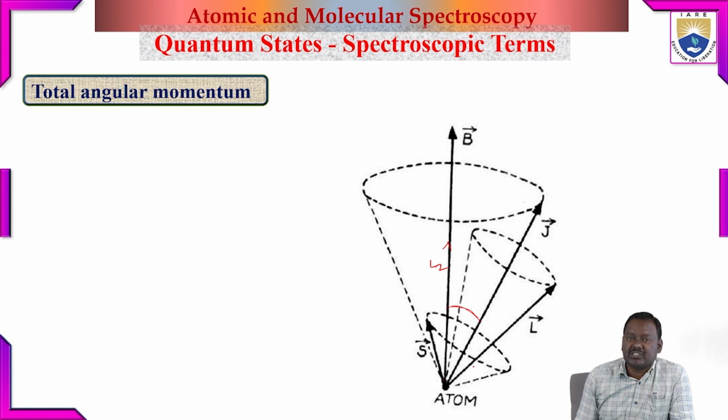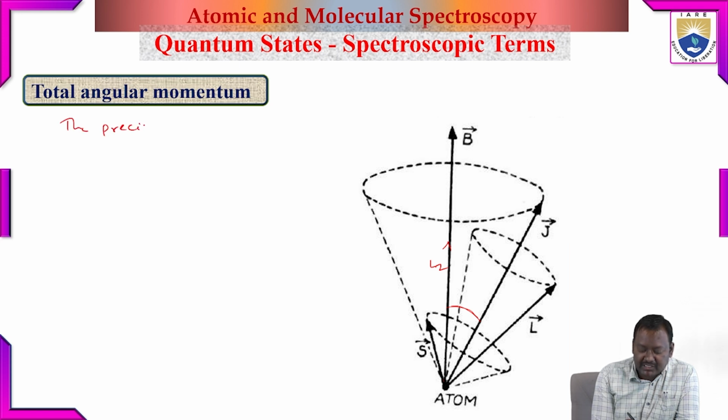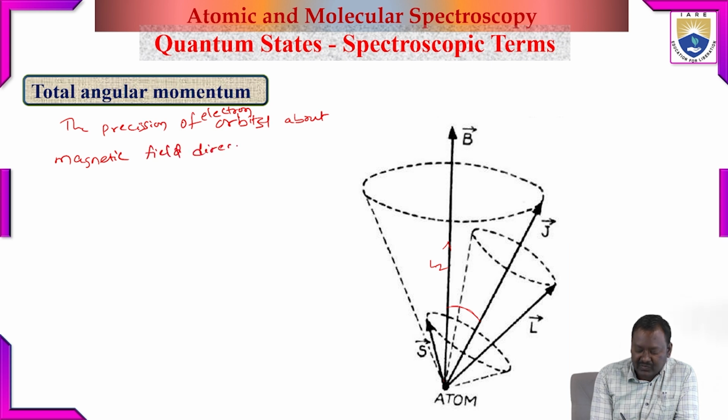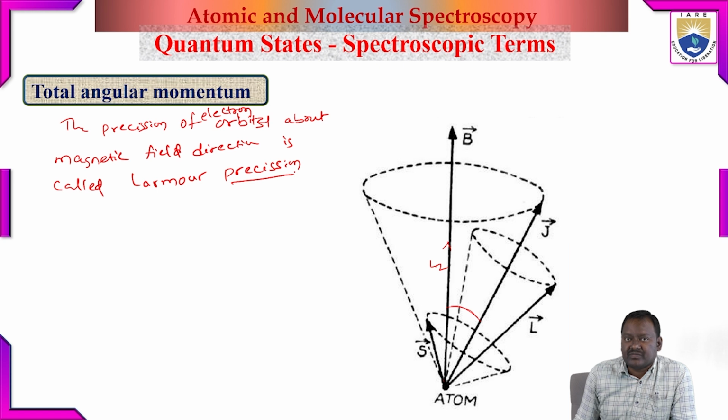That is also called Larmor precession. The precession of electron orbits about the magnetic field direction is called Larmor precession.